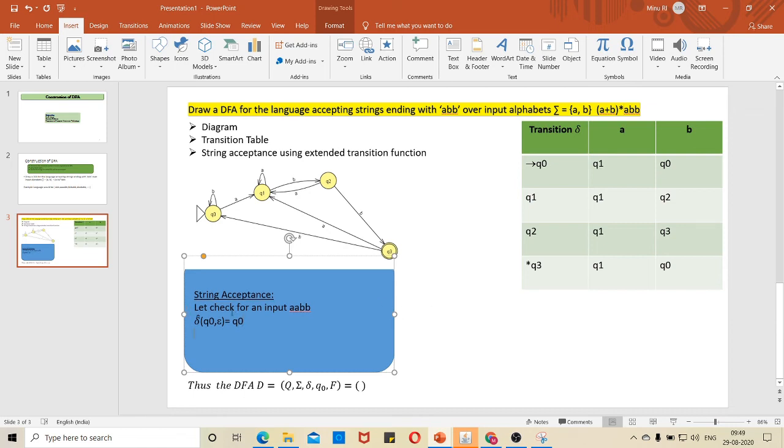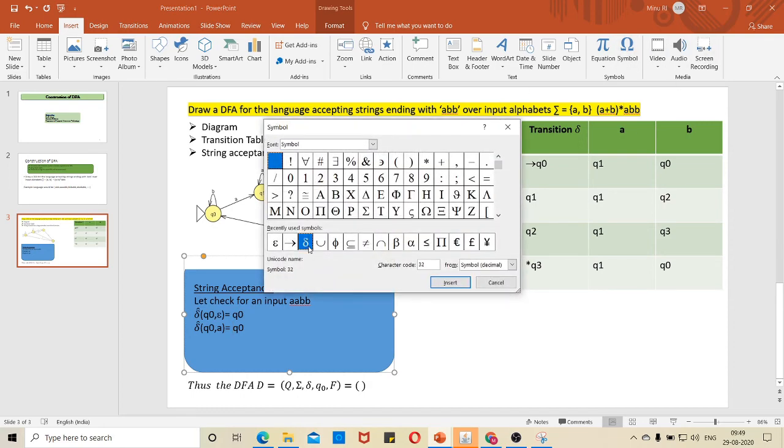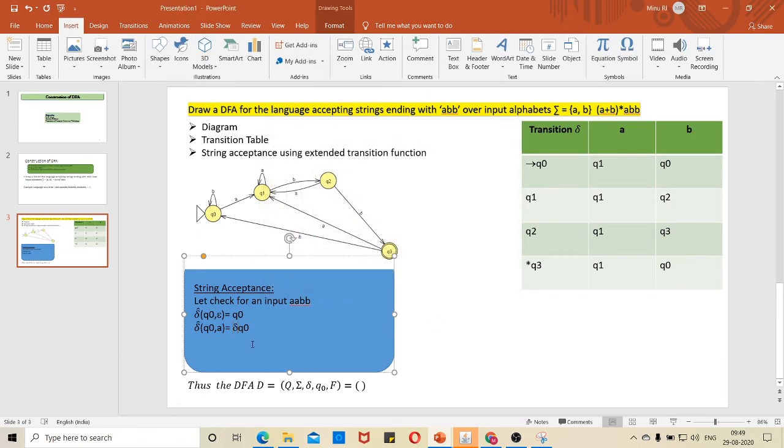In Q0, I am getting the first input A. So, delta cap of Q0 of A is equivalent to delta of Q0 comma A. So, in Q0 state, if my input is A, I will be going to Q1.